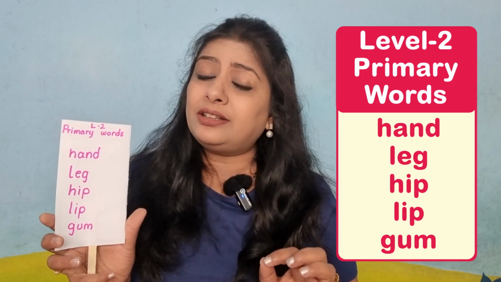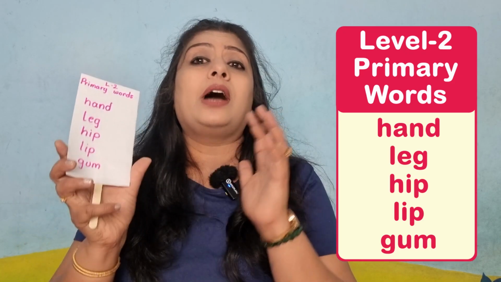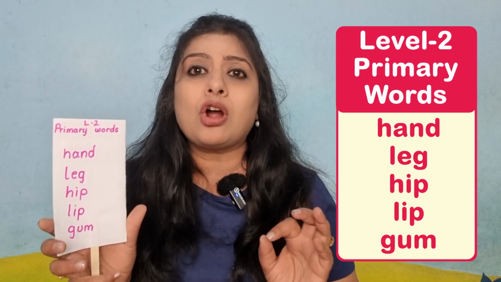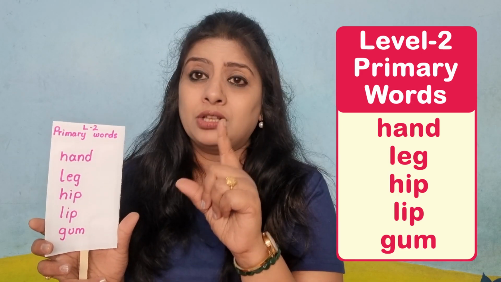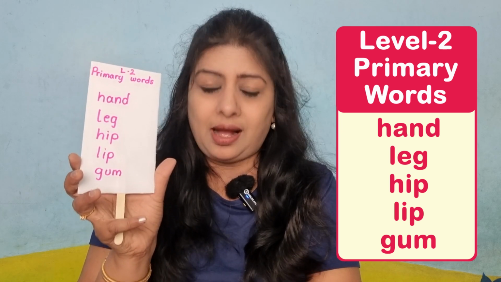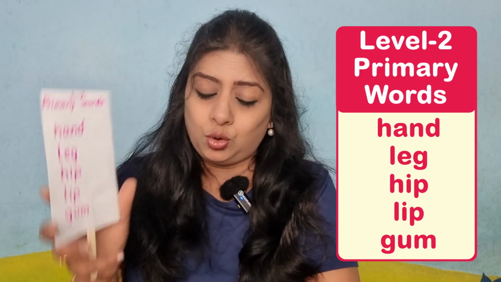So it can be 3-letter or it can be 4 and 5 letters as well. So all the words which have only short sounds in them with one vowel only. So there should be only one vowel. All these words are primary words, and these are level 2 words.